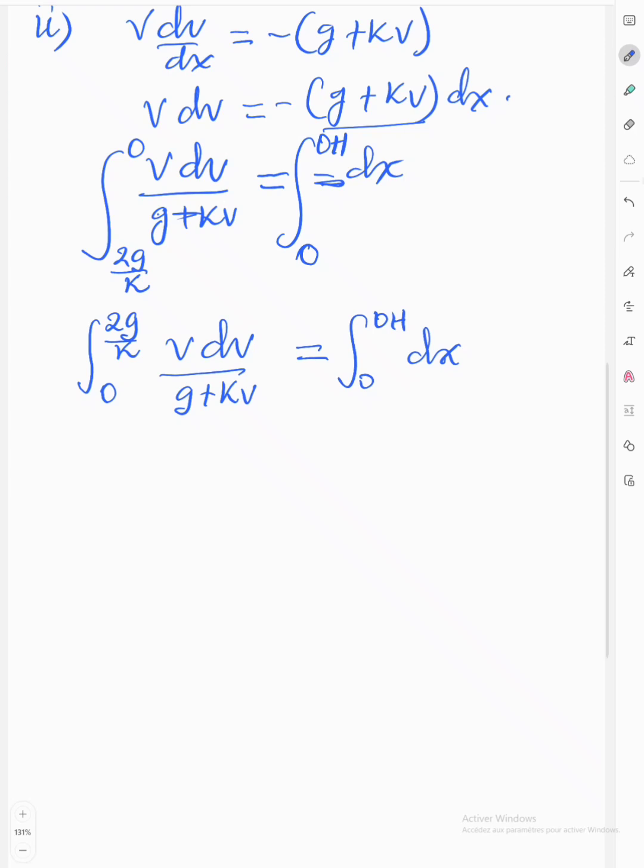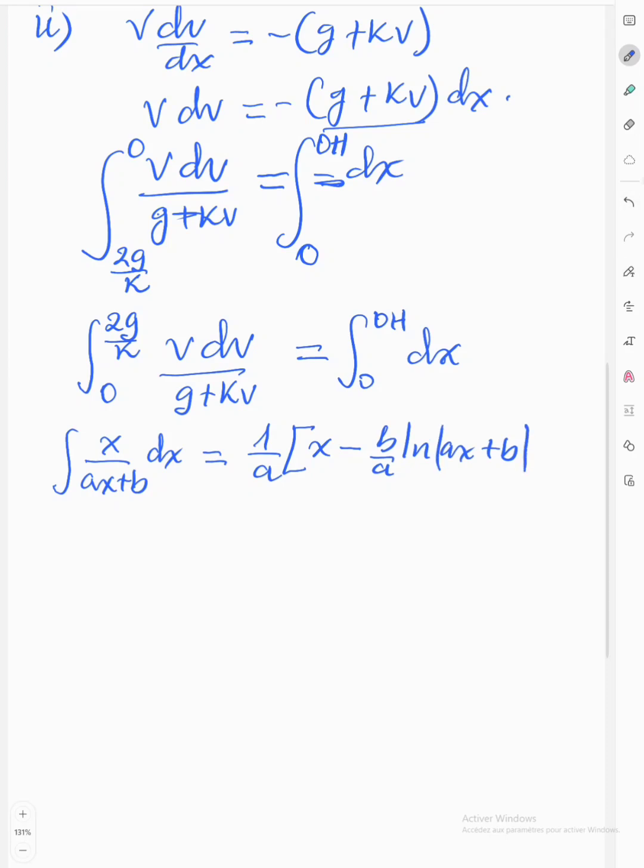On the left hand side, the integral is identical to this one that we just derived. The integral of x over ax plus b dx is equal to 1 over a into x minus b over a ln of ax plus b, plus the constant of integration.